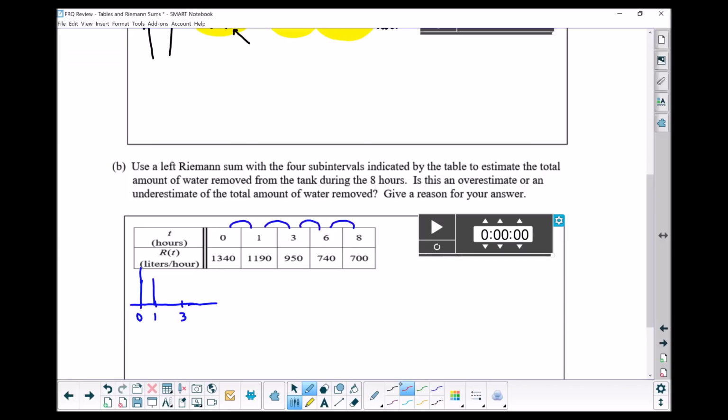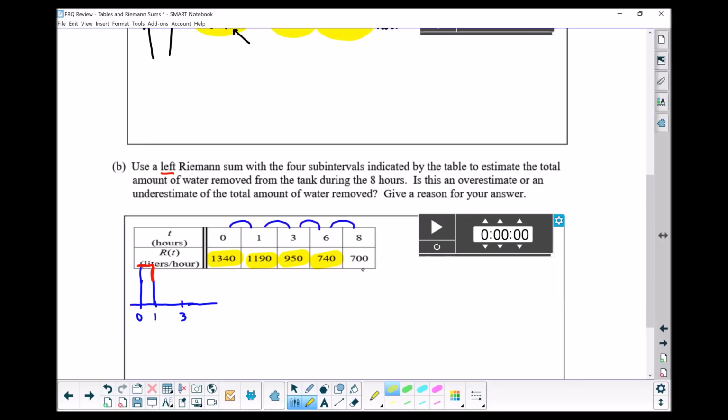Well, we're going to have to cap off this rectangle on that left side to make this a left Riemann sum. And it turns out that that y value right there will correspond with this first entry here. So to really simplify it for you all, we use these 4 numbers for those heights. We won't use the 700 for a left Riemann sum.